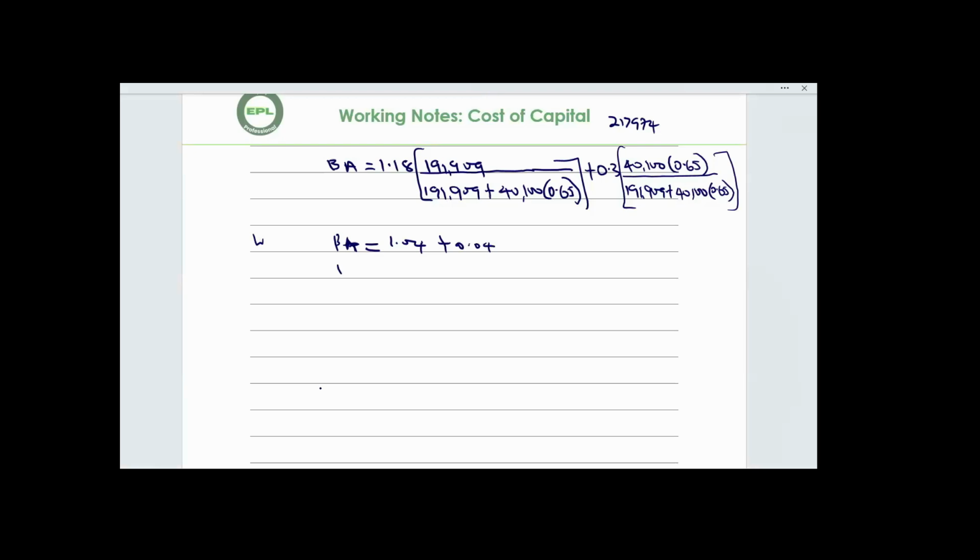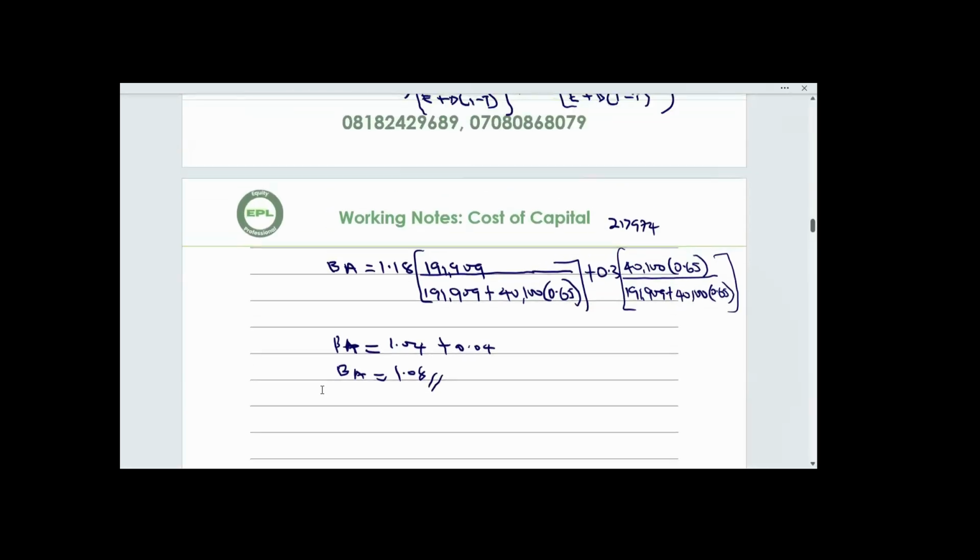Okay, so the beta assets will then be equal to 1.08. That's it. Beta asset is equal to 1.08.